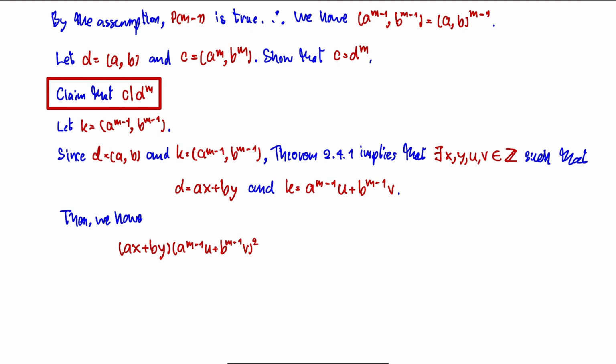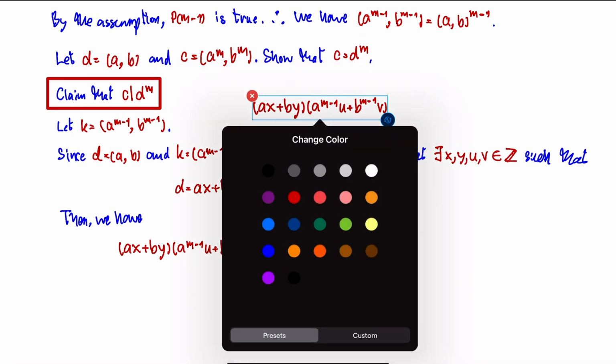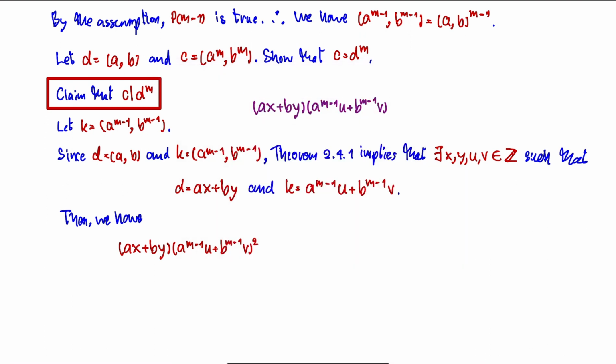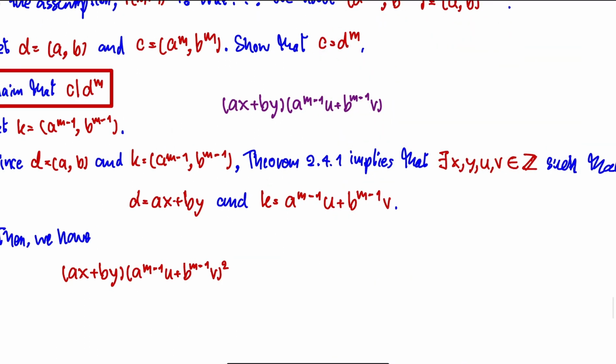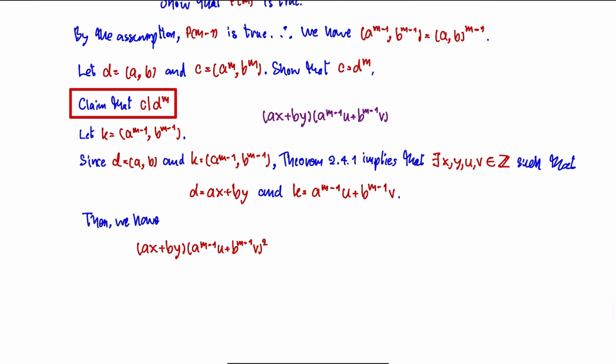If I didn't have the square, what would happen? I'm trying to write a to the m times an integer, say xm, plus b to the m times ym, and have this expression equal d to the m.